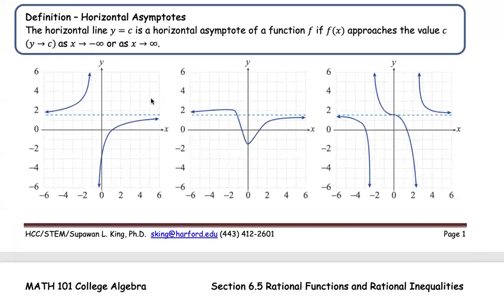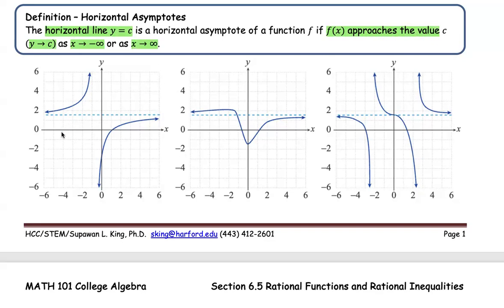The next one is the horizontal asymptote. It is the horizontal line in the form of y equals c if the function f of x approaches the value c, or we can write the notation like y approaching c as x approaches negative infinity or as x approaches positive infinity. That means we look at the two ends.